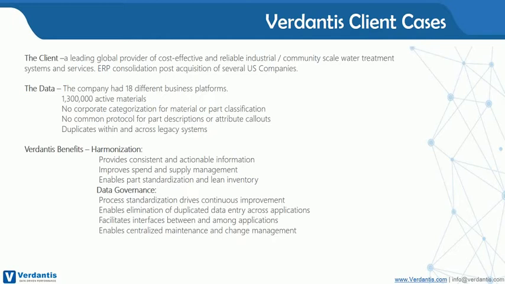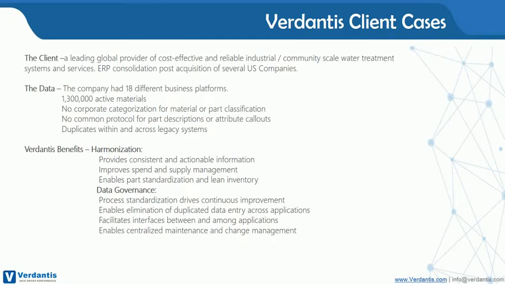There was no common naming convention or protocol for the parts that they had, no technical attribution maps. And because these companies that they had acquired and integrated were all very successful and had very long heritage and legacy backgrounds, there were a lot of duplicates. We're talking serious double digits.